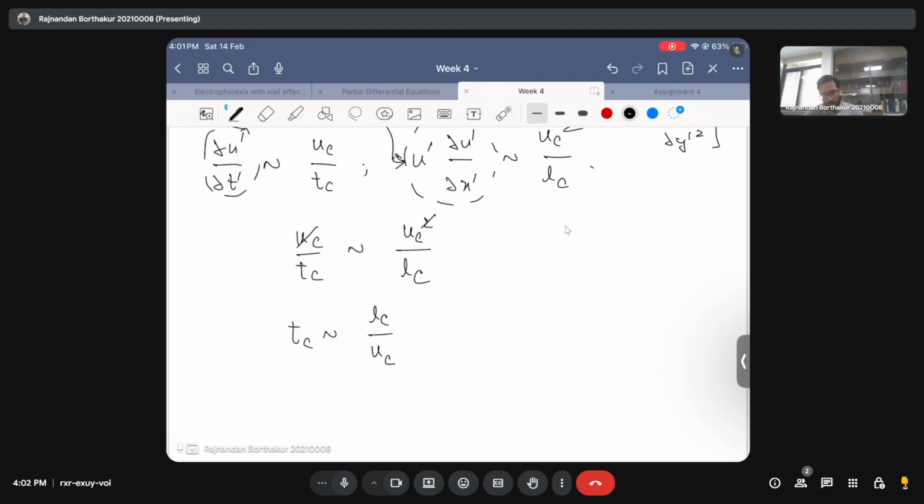So for example, in the pipe flow problem, I can call this lc as my R, and uc is going to be my u max. Then this time scale, if you use it in your problem, is actually known as the advection time scale.